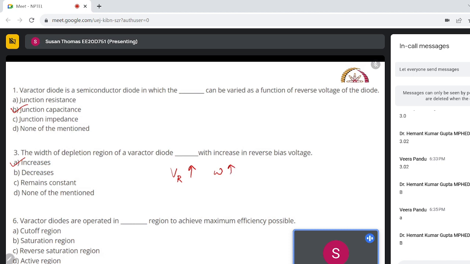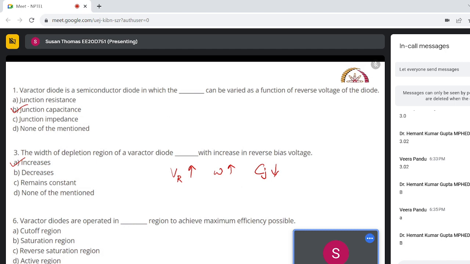The width is inversely related to the capacitance, so as the width increases, the capacitance will decrease. That's the relationship between the reverse bias voltage and the effective junction capacitance.